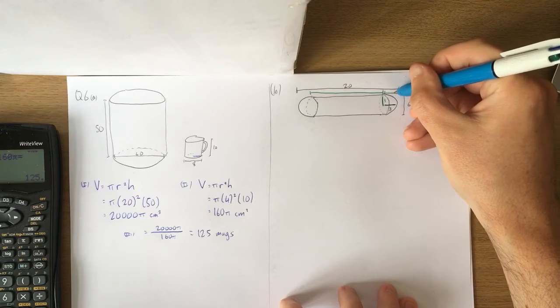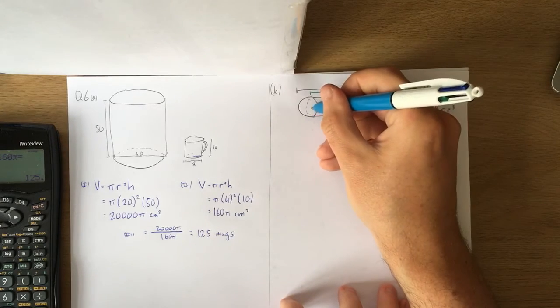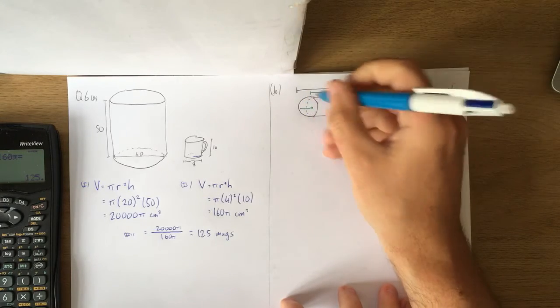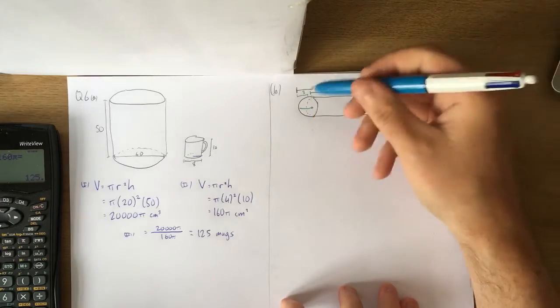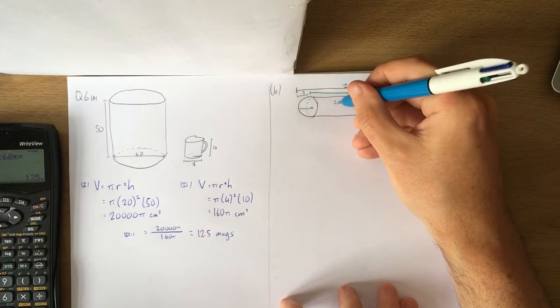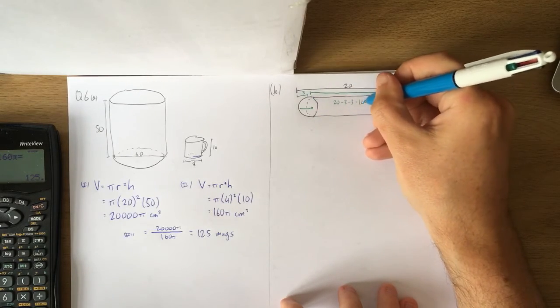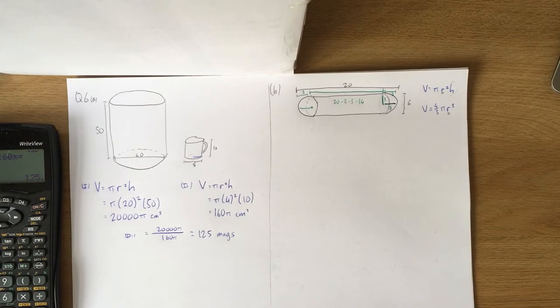So this bit here is 3. And from here down is also a radius of that hemisphere, so that is going to be 3. So for the height of the cylinder, it's the 20, take away that 3, take away that 3. So it's 14 millimeters. All right, so there's the height of my cylinder.